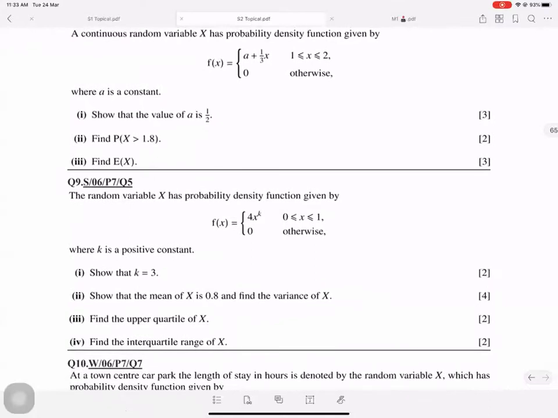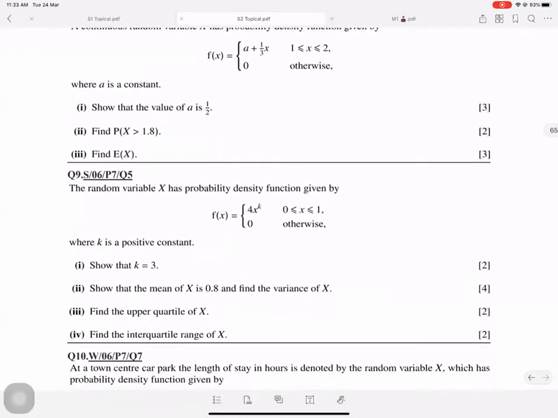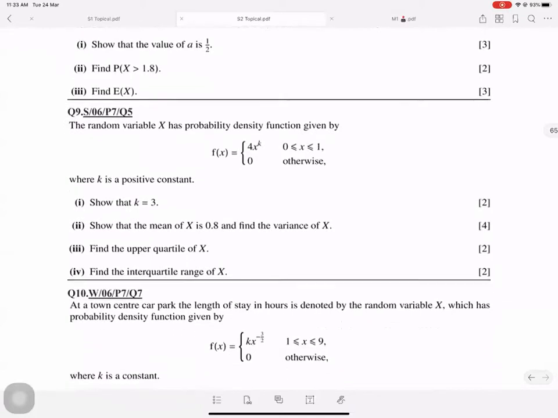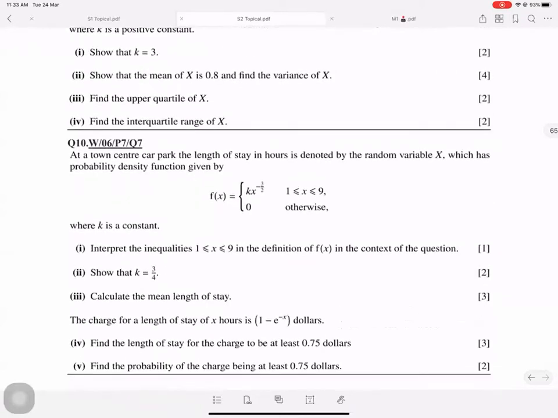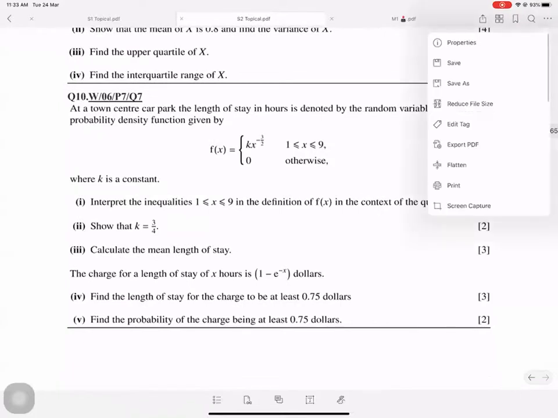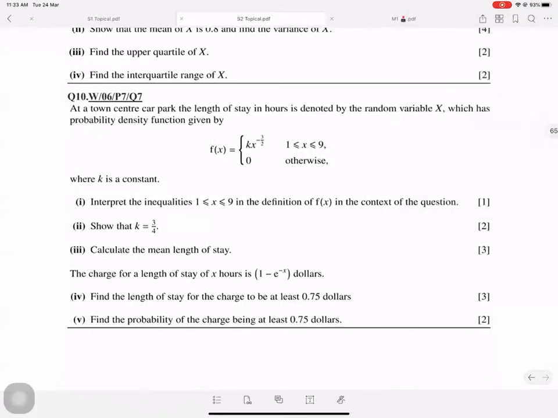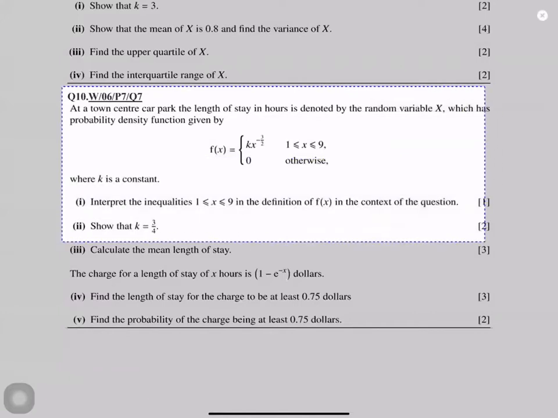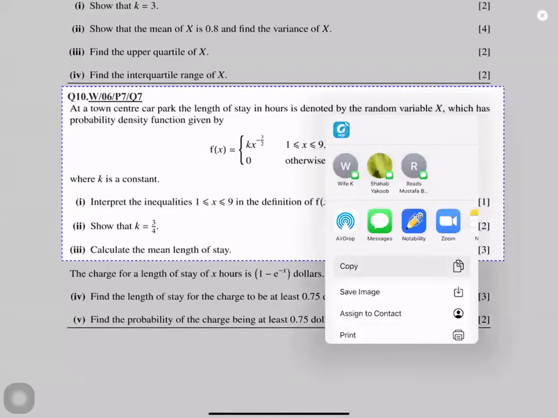Something with an unknown. For example, we have this question. Let me look for the nice ones. Let me first focus on 10.